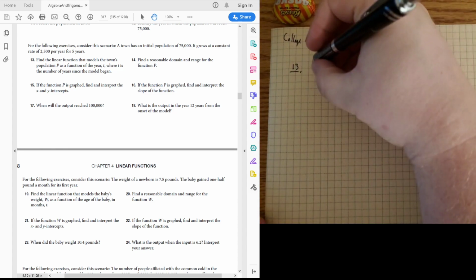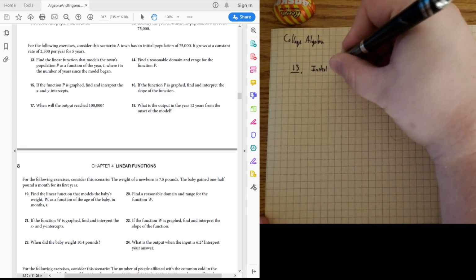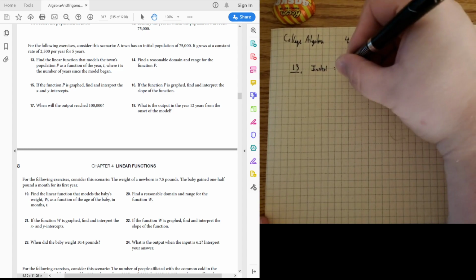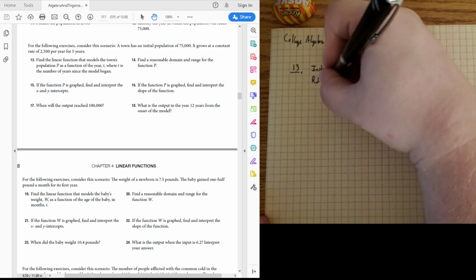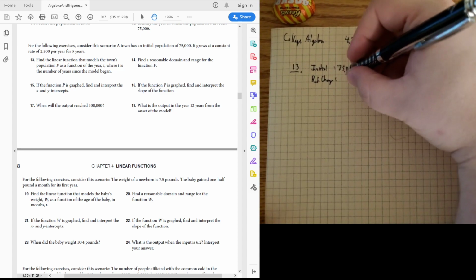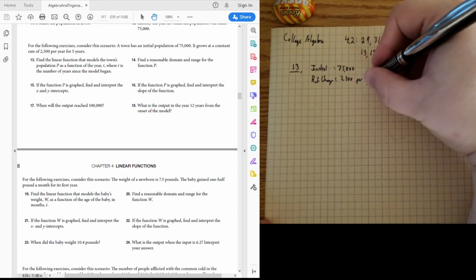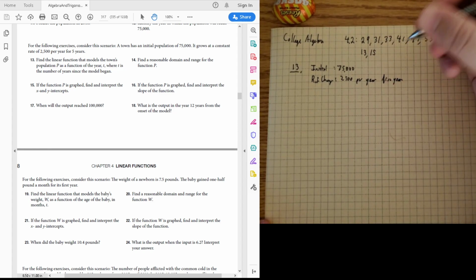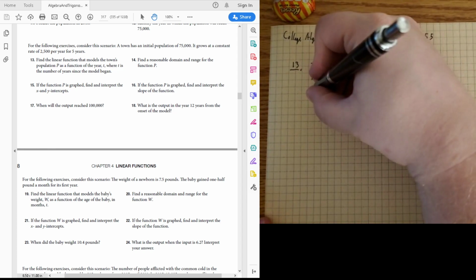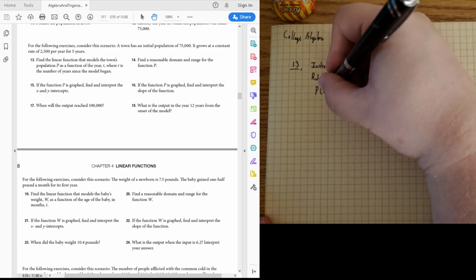Okay, let's start with some basics. Number one, we have an initial value. It is 75,000. Number two, we have a rate of change. That rate of change, it says, is 2,500 per year for 5 years. It says to write a linear function, where in this case we have to write a population, p, that is a function of t, where t is in years.